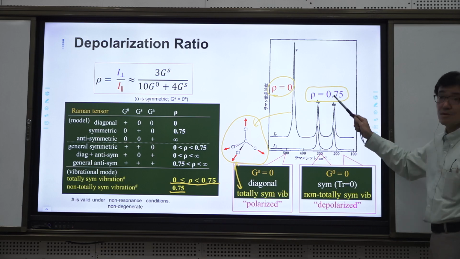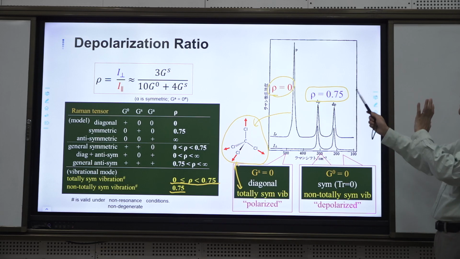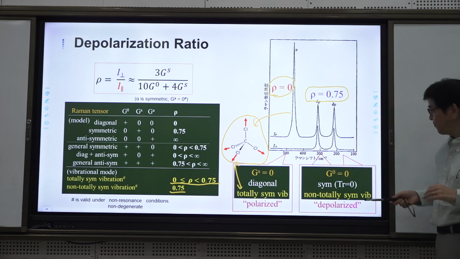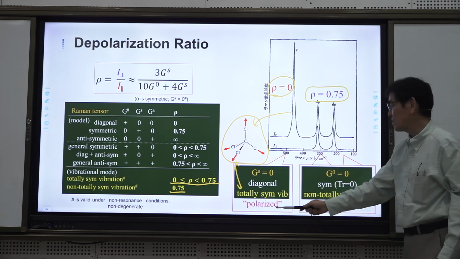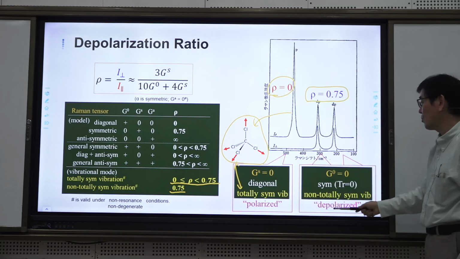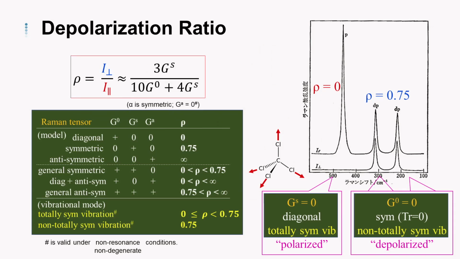So rho is useful to characterize what the vibration mode is. This is sometimes called a polarized mode, and this is sometimes called a depolarized mode. Well, this is an experiment to ensure your peak assignment. So it may be useful in some cases.